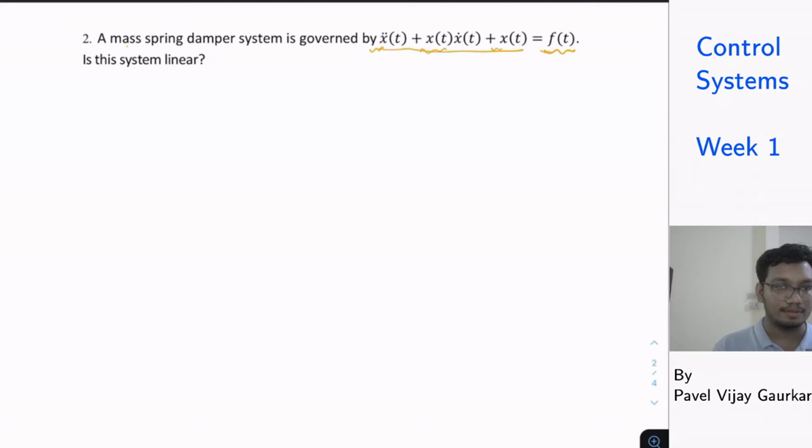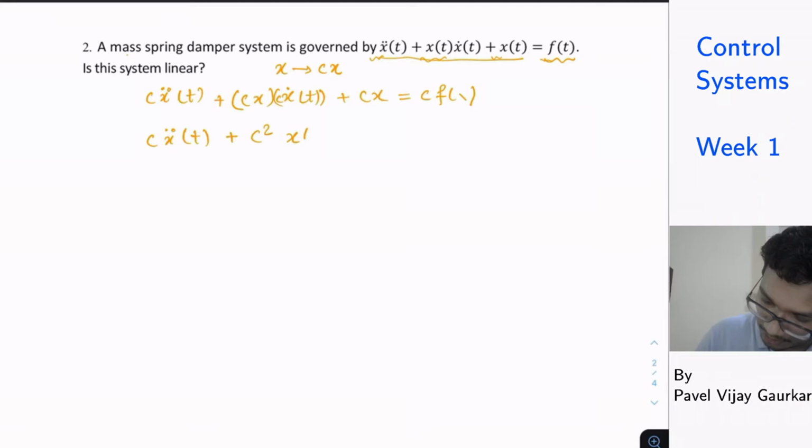C into x double dot of t plus c into x dot of t plus c into x is equal to c into f of t. So c x double dot on simplifying plus c square into x of t into x dot of t plus c into x. This is what we are getting here, c into f of t.